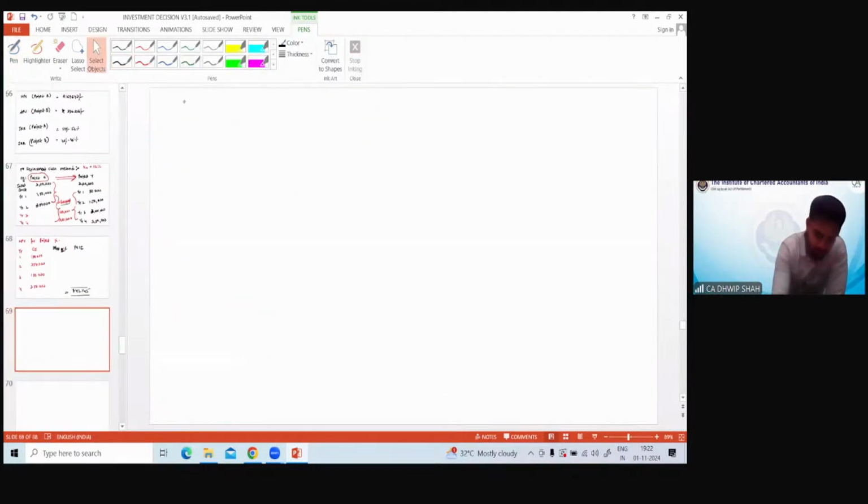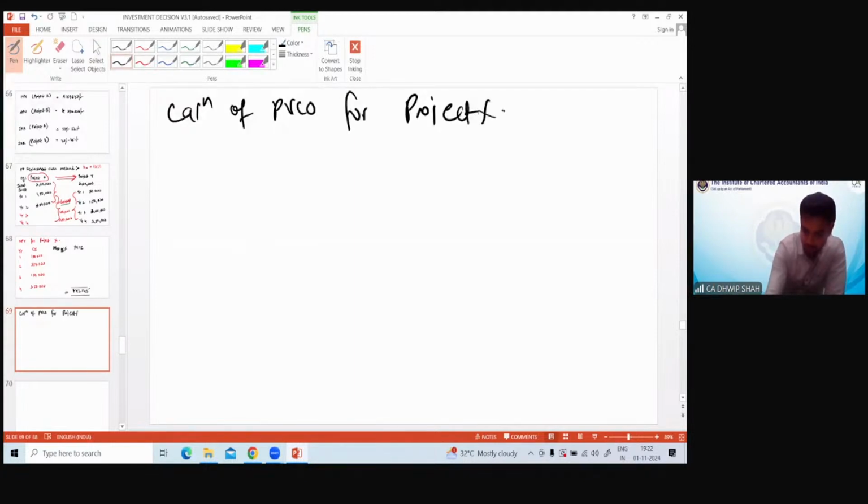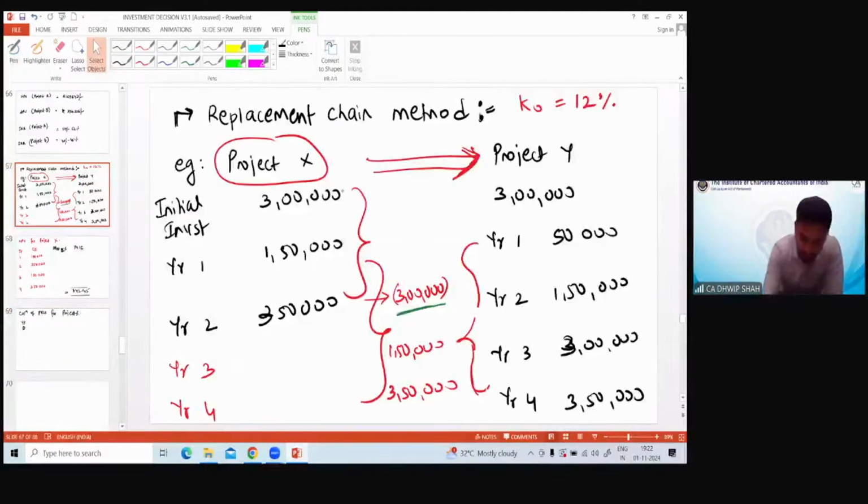Now the calculation of PVCO for project X. There would be year 0. Year 0 means at the start of the project I will invest 3 lakh, and again at the end of year 2 I will invest 3 lakh.